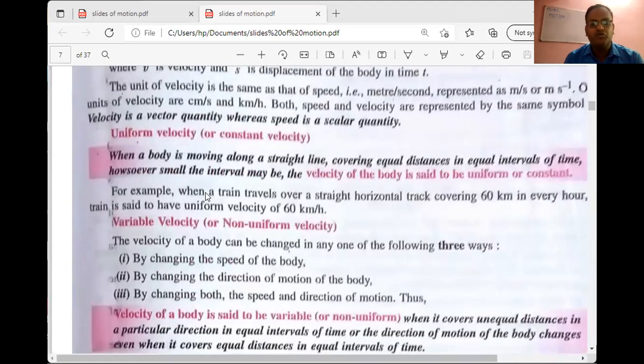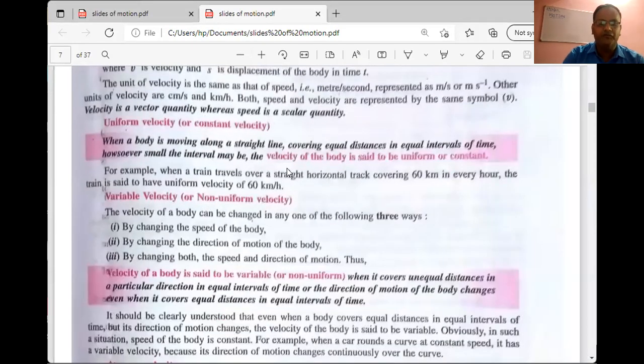When a train travels over a straight horizontal track covering 60 kilometers in every hour, the train is said to be in uniform velocity of 60 kilometers per hour. That means it is covering equal distance in equal intervals of time, every hour covering 60 kilometers. So here the velocity is uniform. Okay.